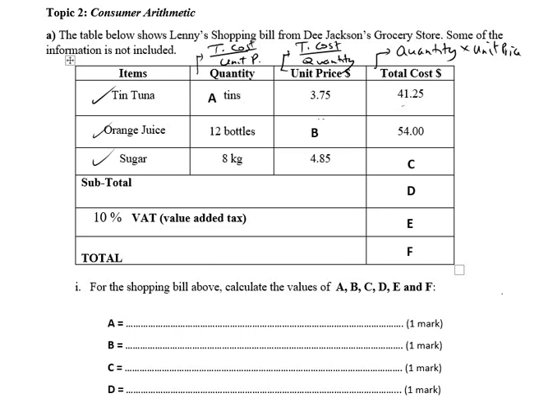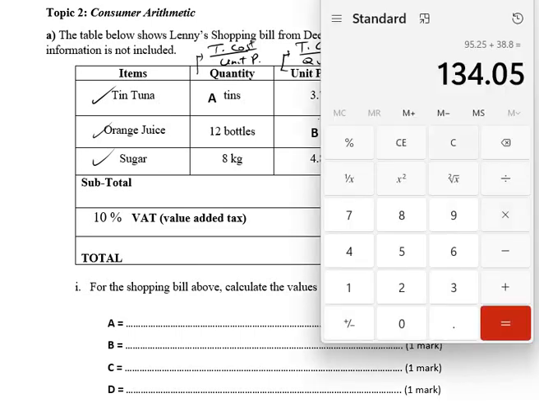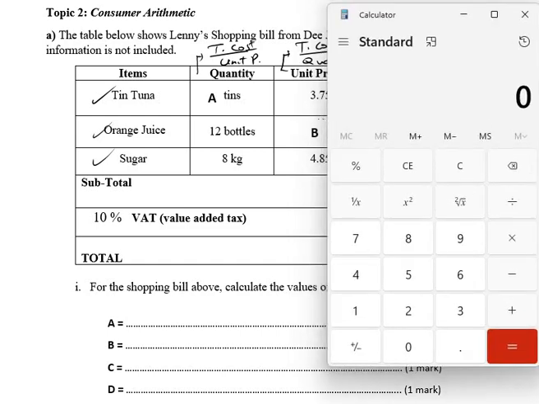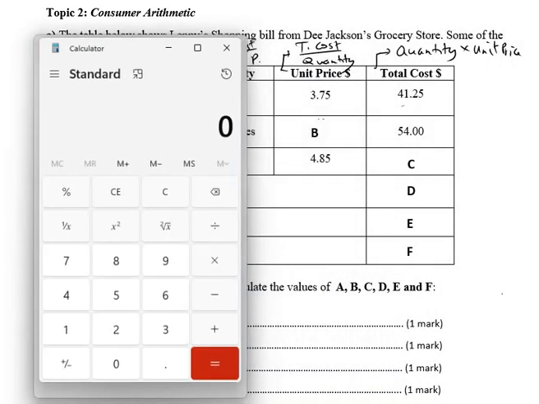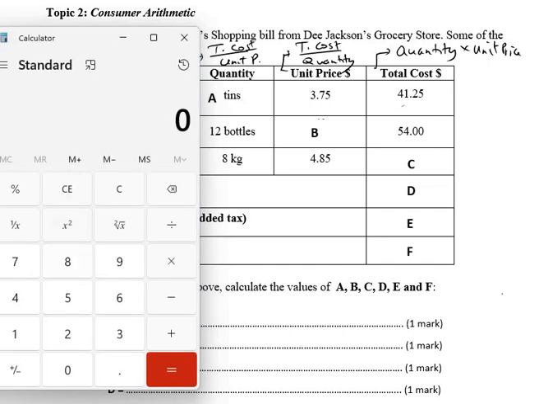Now, A is the quantity we're trying to find. So what's the total cost? $41.25 divided by unit price, which is $3.75. So let's divide those. It's going to be $41.25 divided by $3.75, and that should give us 11.